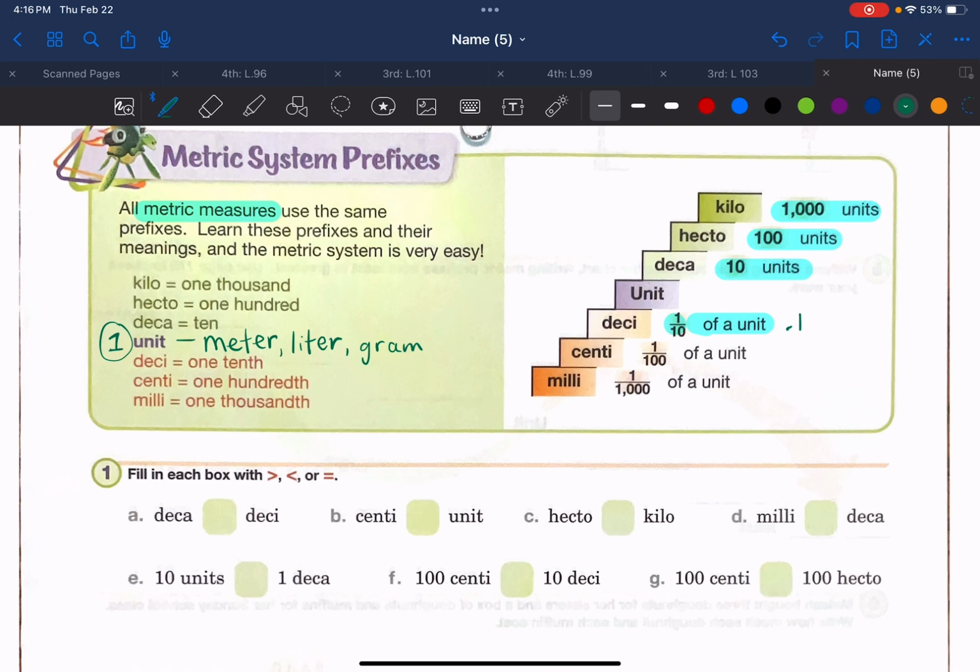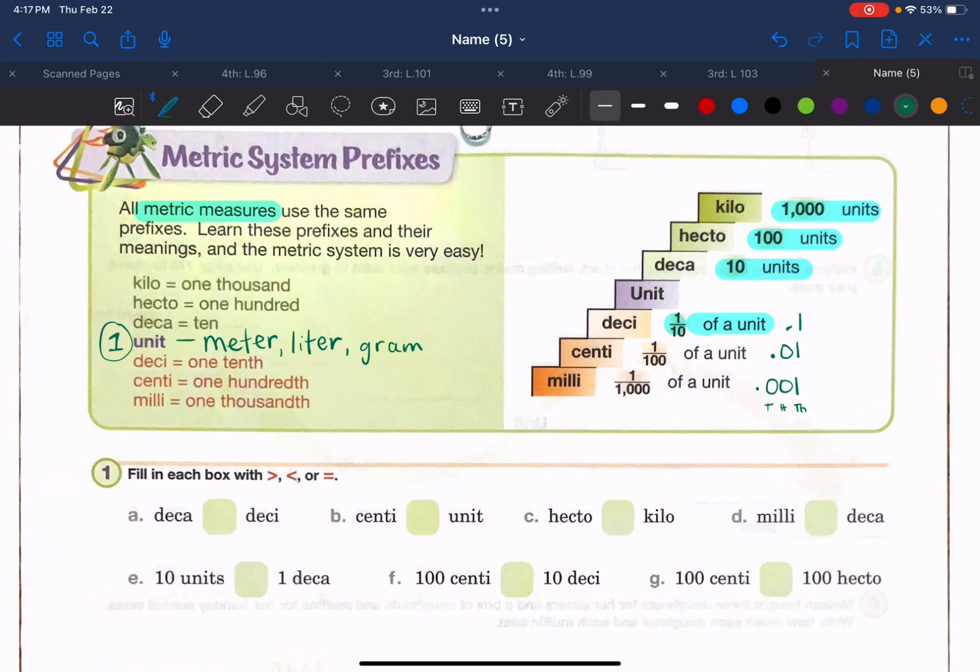It takes 100 centimeters. And that one would be in our hundredths place. It's a decimal. And then a millimeter, you need 1,000 millimeters to get to 1 meter. And if this one's our tenths place, this is our hundredths place, then this one is our thousandths place. And that's millimeter. So if you learn these, then it will help you with decimals coming up.